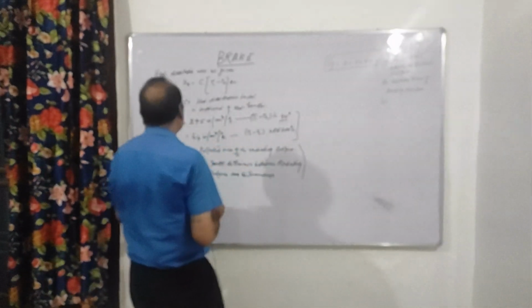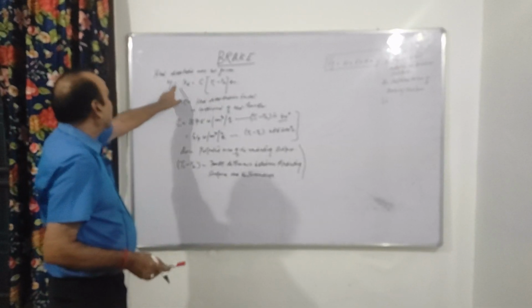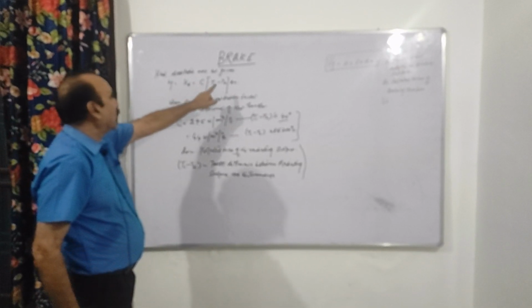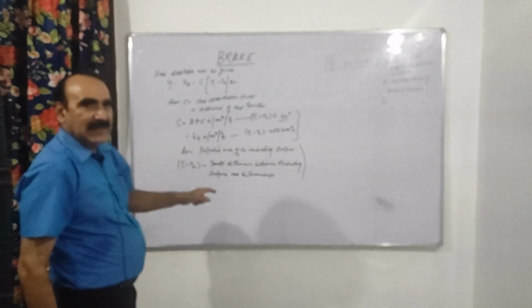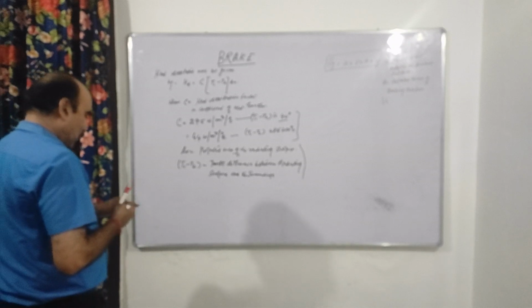So this is about heat dissipated, which may be given by Hd is equal to C into (T1 minus T2) into AR, and this is the description of this. This is very important, and you must remember it also.